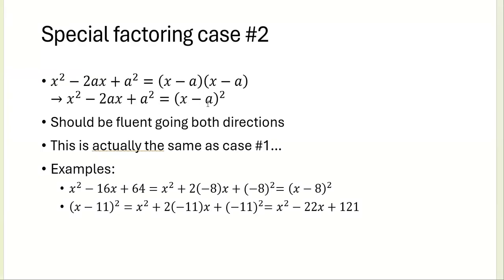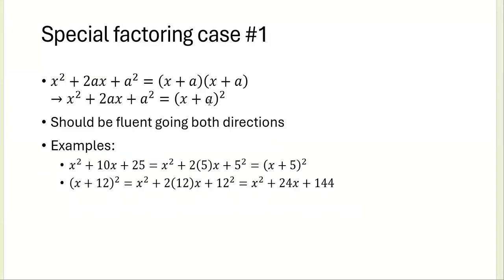This is actually the same as case number 1. It's just that instead of the plus a, you substitute a minus a. That's it. No difference. Let me go back to this one. Replace a with a negative number, like negative a.